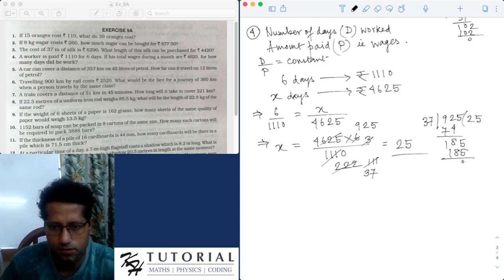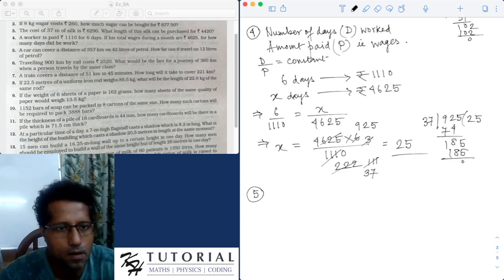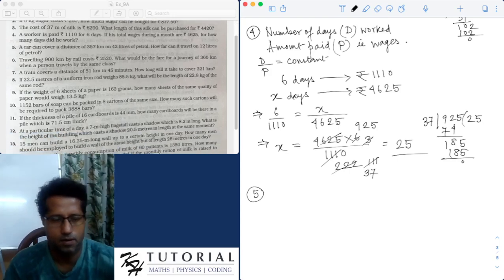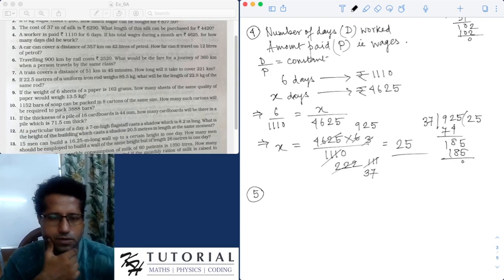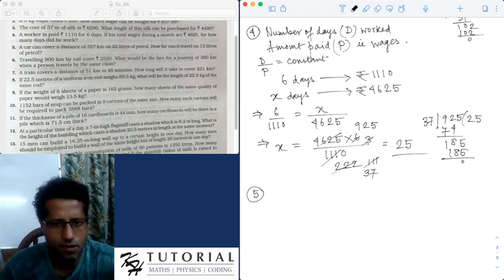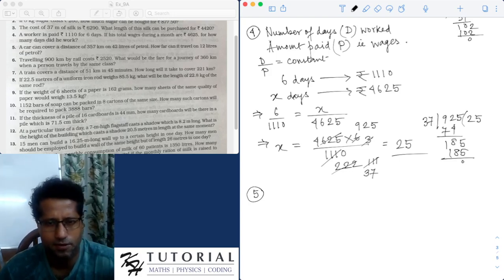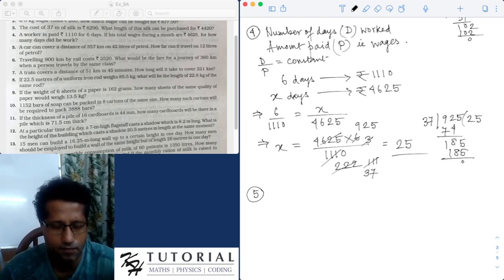Okay, let's see question number 5. It says that a car can cover a distance of 357 kilometer on 42 liters of petrol. How far can it travel on 12 liters of petrol? So these are all similar kind of problem. The only thing is that you have to understand clearly what the two quantities are, and that they vary directly.